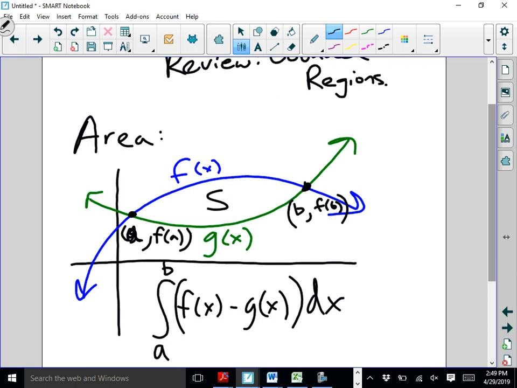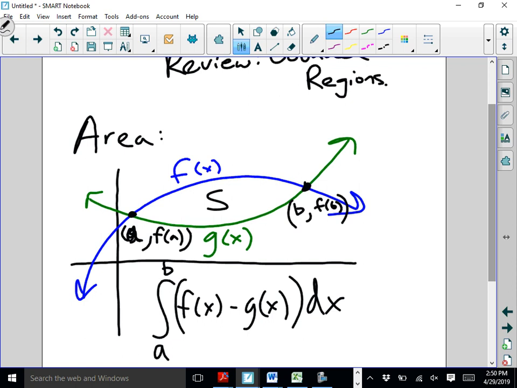And when you do right function minus left function, if the functions are solved y equals something in terms of x, you need to solve for x, so it says x equals something in terms of y. Then our integral would be dy instead of dx. Again, very rarely do they force you to do that, so it's not quite as important, but we might see some examples in class where we have to do that.